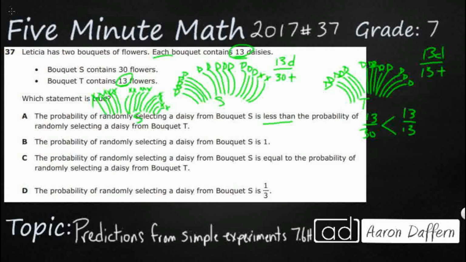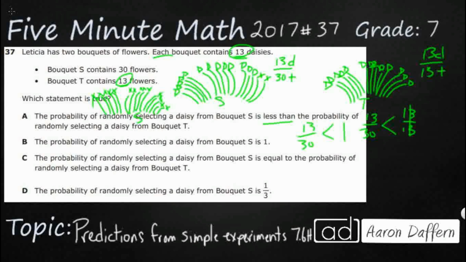We could do a little bit of the cross butterfly method to see which one's bigger, but we know that 13 over 13 is really 1. That's the whole thing. So I can just say 13 over 30 is less than 1. Does that make sense? Actually, that does make sense. 13/30 is less than a whole. So I'm thinking A looks pretty good.